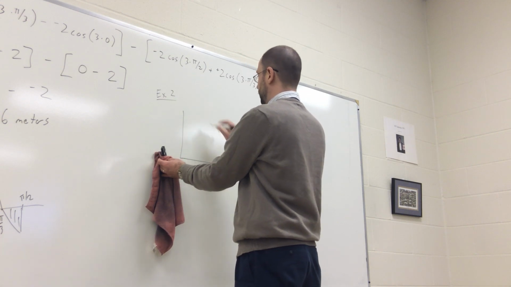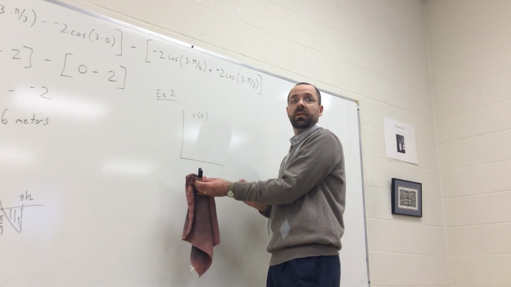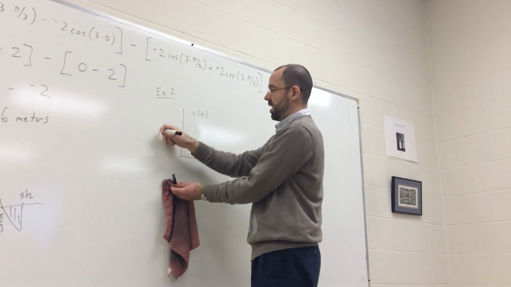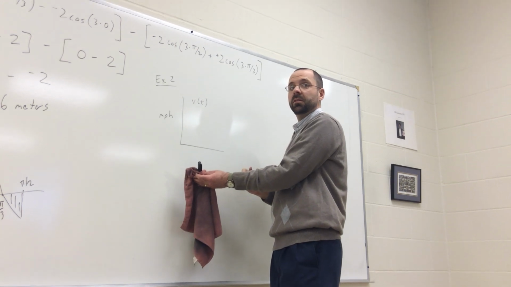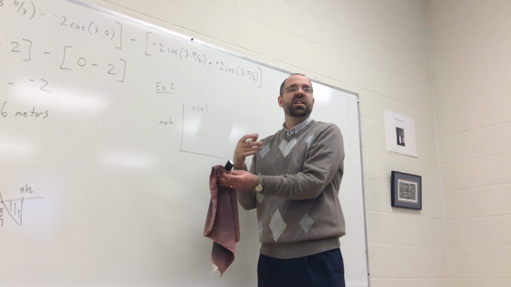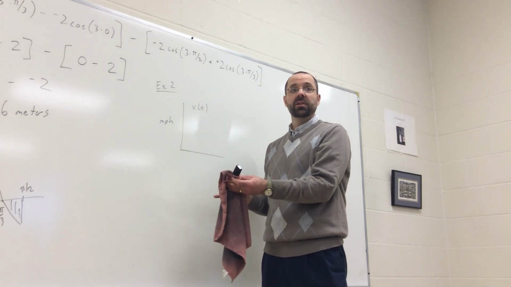Let's say you had a velocity graph, and you had miles per hour over here. Because we've been doing velocity in meters per second, but you could do velocity in miles per hour.